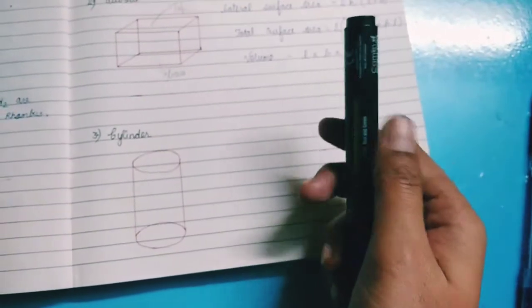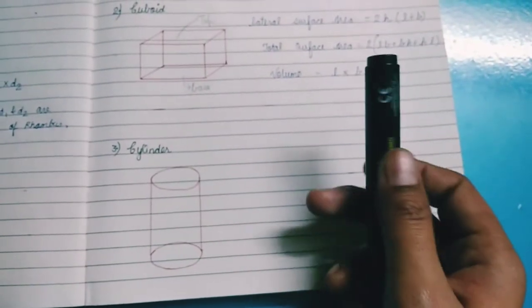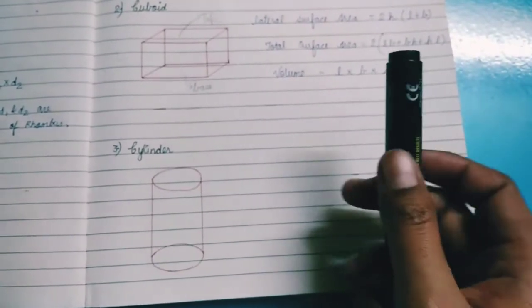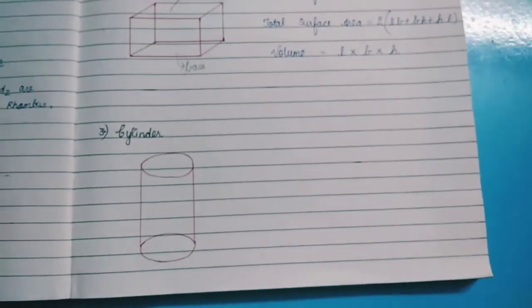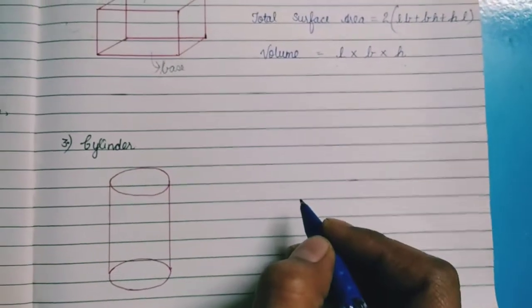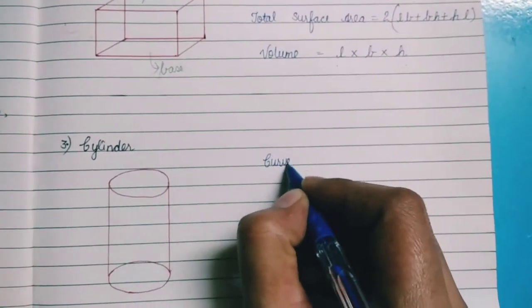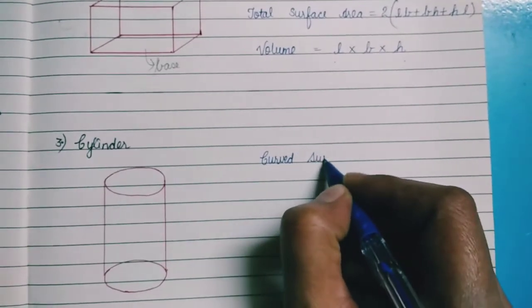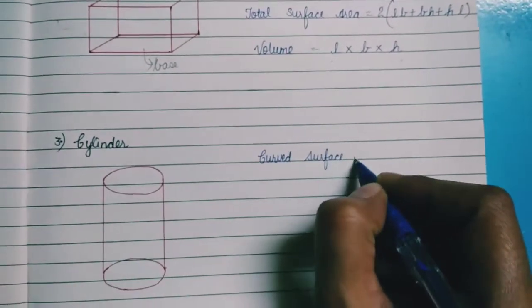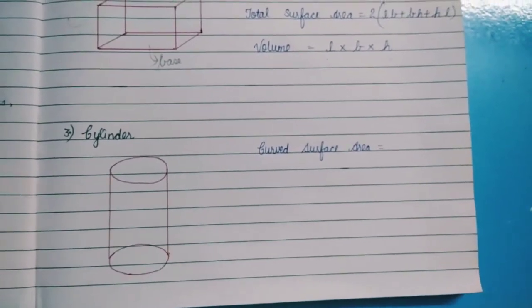You can see I can easily rotate it. None of the line segments is coming when I am rotating it. So in a cylinder, we don't have lateral surface. We have curved surface area.